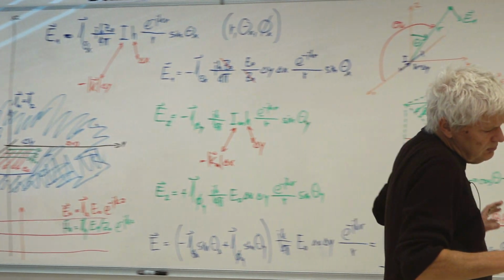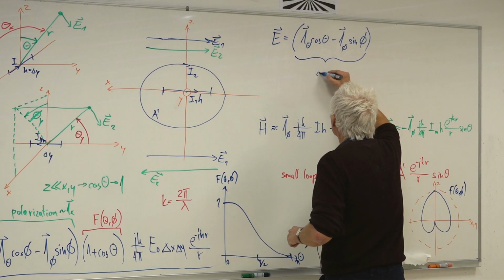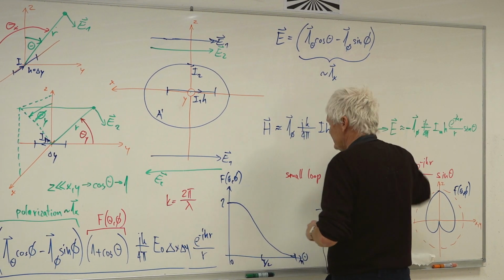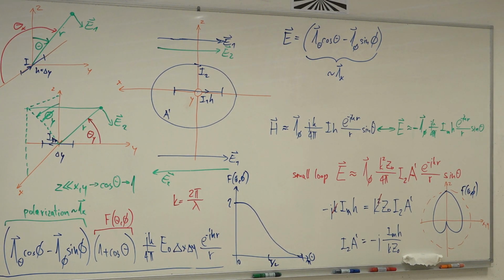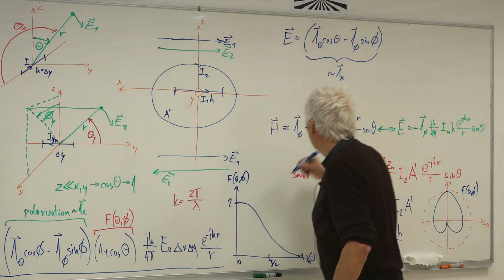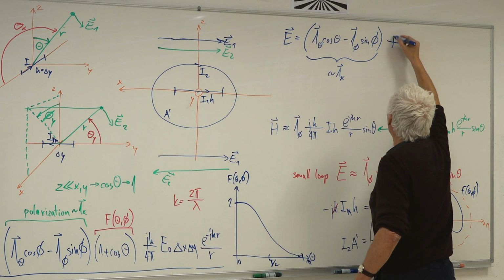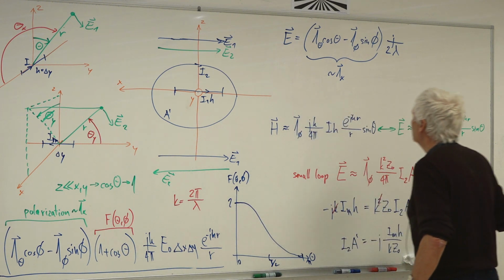It's approximately, so let's draw it here. This is an approximation to 1x, but it's the exact solution, considering that the radiated field should never have a longitudinal component. Then jk over 4 pi is j over 2 lambda, if we replace it with lambda.